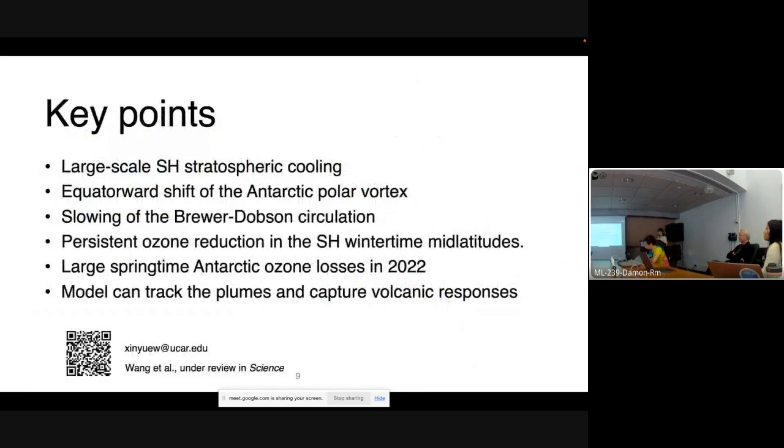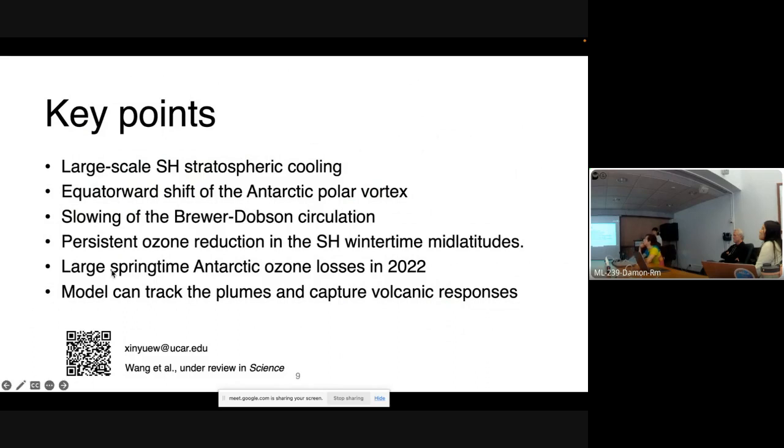So, a quick summary here. Following the Tonga volcanic eruption, we see a persistent stratospheric cooling, an equatorward shape of the polar vortex, and a slowing down of Brewer-Dobson circulation. These three are all in balance with each other. In terms of the ozone change, we see a big ozone reduction in the mid-latitude, which is mainly due to the dynamics.